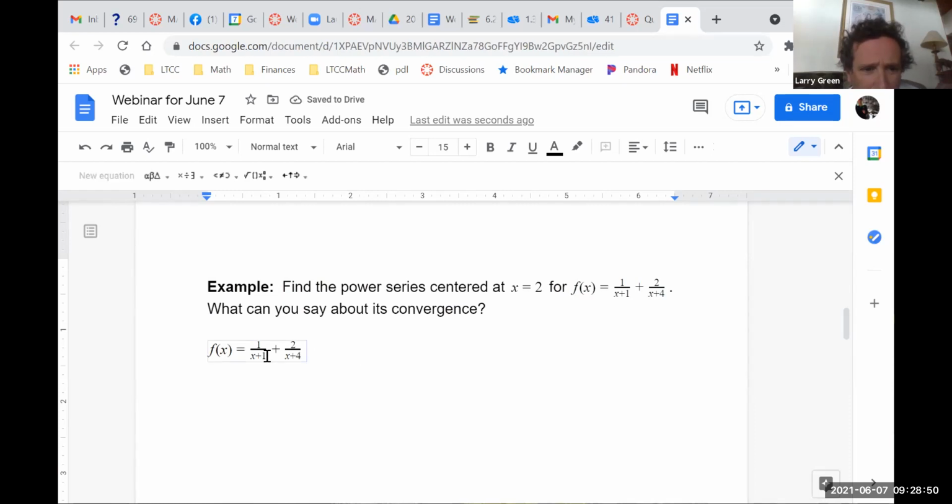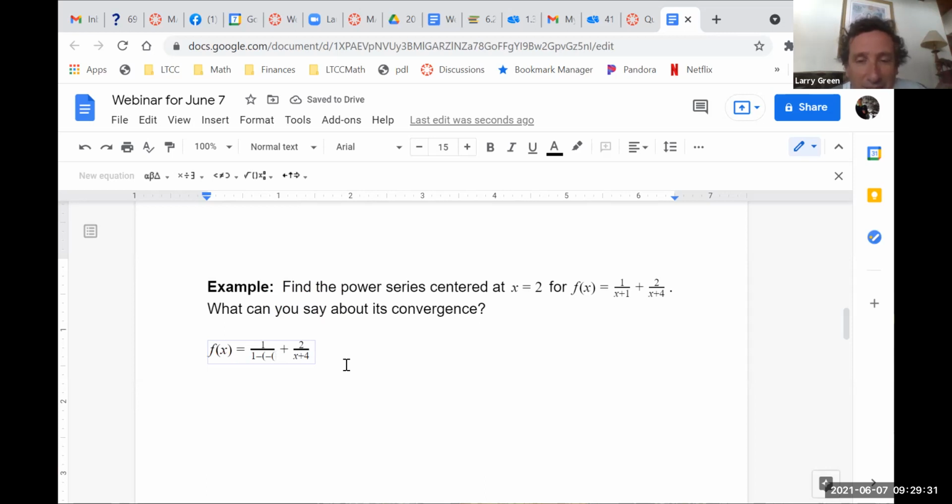So instead of x plus 1, I'm going to rewrite this as the following. I'm going to write 1 minus, and then we're going to have a negative x. The key is we're going to have a negative.